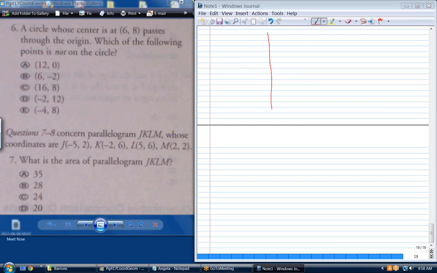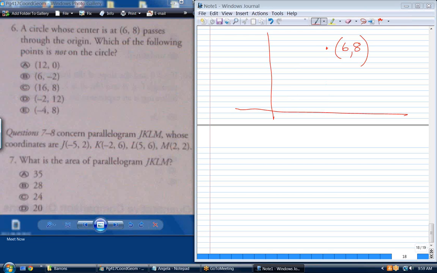Okay, a circle with center being at 6 comma 8. Now, the only thing about my drawing that I want to make sure is that the height is greater. I didn't put that point right there to make sure that this height is greater than this distance, the x-coordinate.